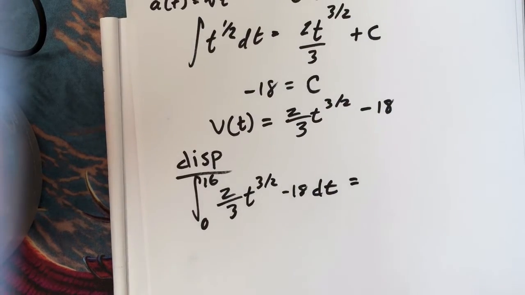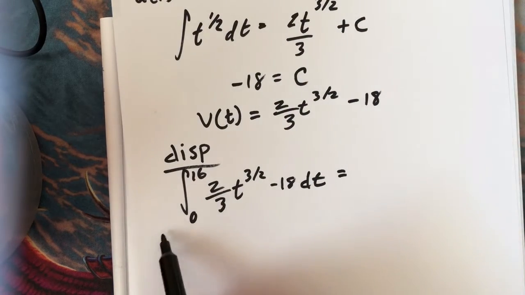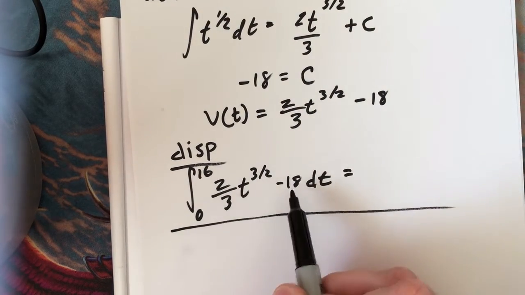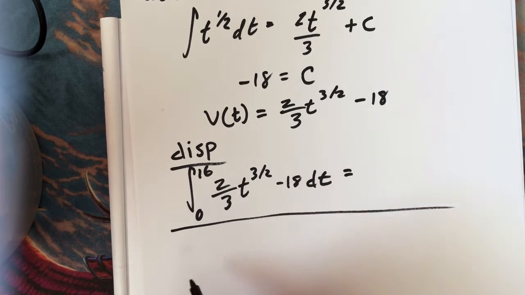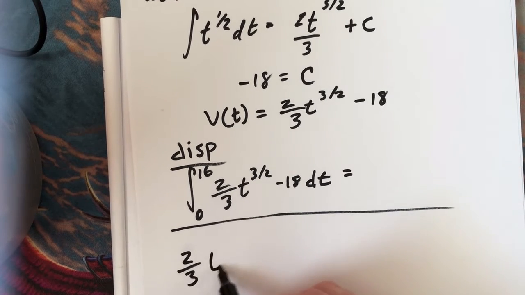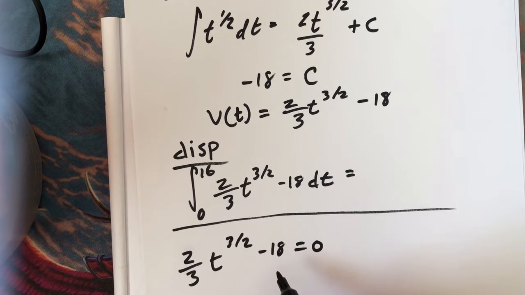And then if we want to find distance, we're going to have to find out when this is positive and when it is negative. So I'm going to set this equal to 0 to figure out when that happens. So 2/3 t to the 3/2 minus 18 equals 0. Find out when it changes signs from positive to negative.